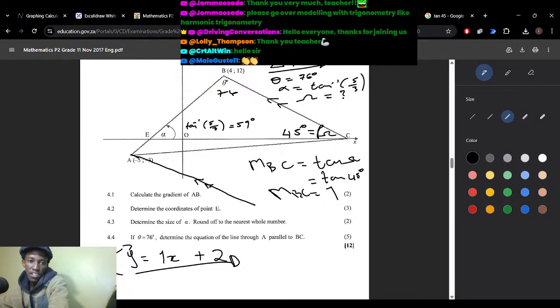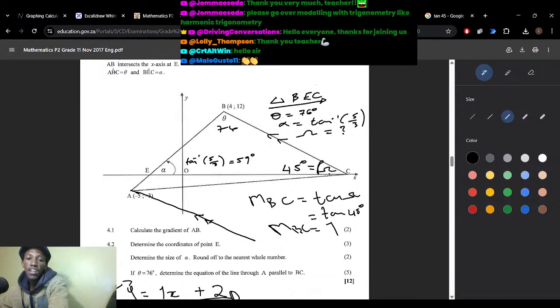And we were given that theta is 76 degrees, and thus we were able to calculate the angle omega using triangle BEC. So 76 plus alpha plus omega equals 180 degrees. Why? Interior angles of a triangle, right?